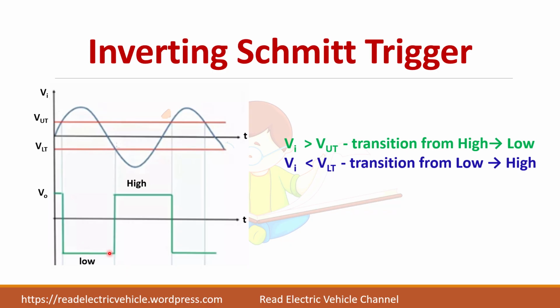And it remains at the low value and it changes from low to high only when the input falls below the lower threshold. So here only it changes its state. Again here, when the input exceeds the upper threshold, it will change its state. So this is the inverting Schmitt trigger.